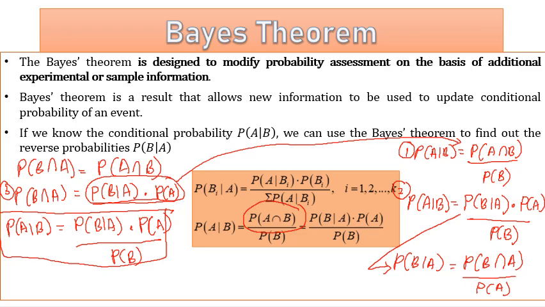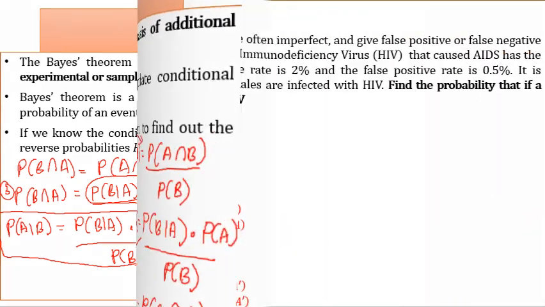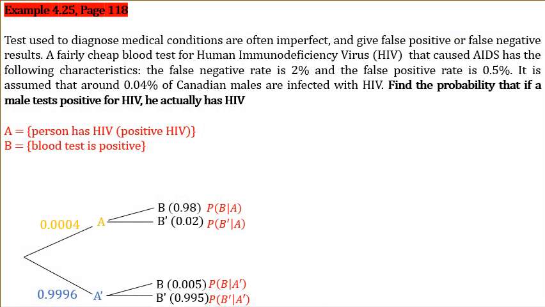Next, we go to the example. Tests used to diagnose medical conditions are often imperfect and give false positive or false negative results. A fairly cheap blood test for human immunodeficiency virus, as we know HIV, that causes AIDS, has the following characteristics.